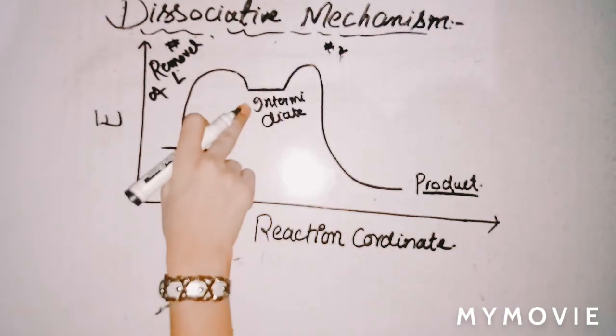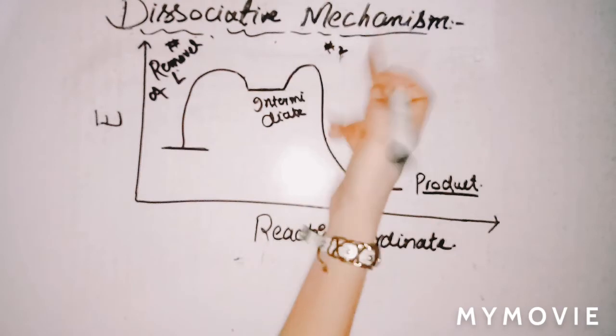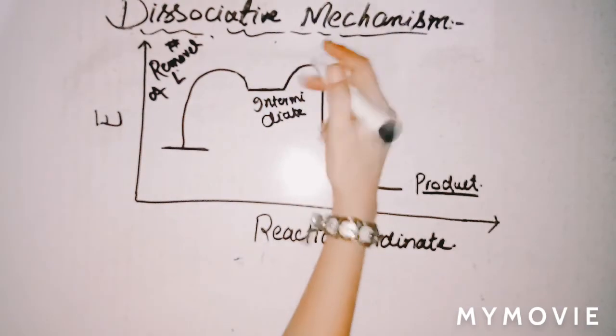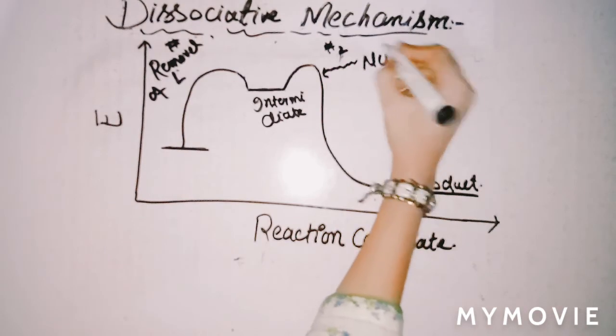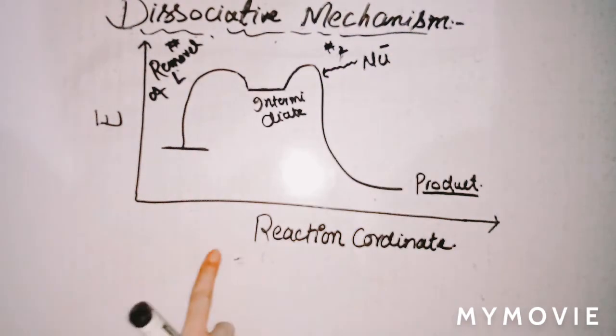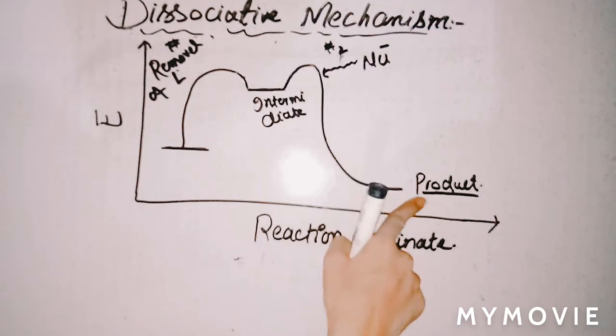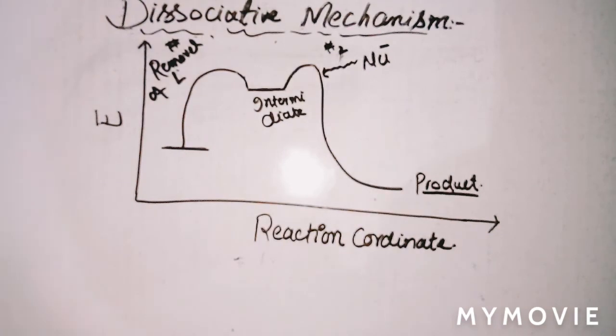The intermediate is less stable, so its energy is high. In the second step, attacking of the nucleophile occurs and the intermediate is converted into product.